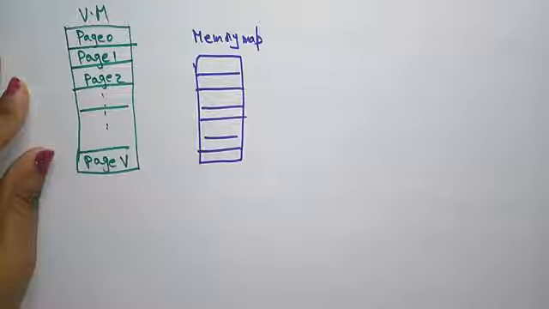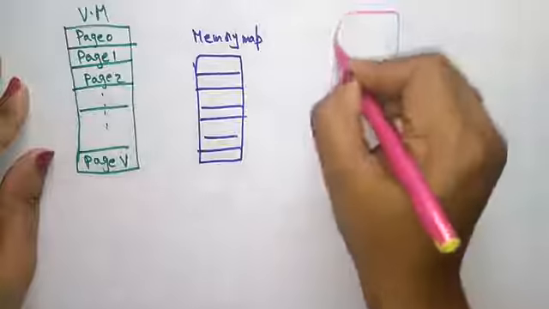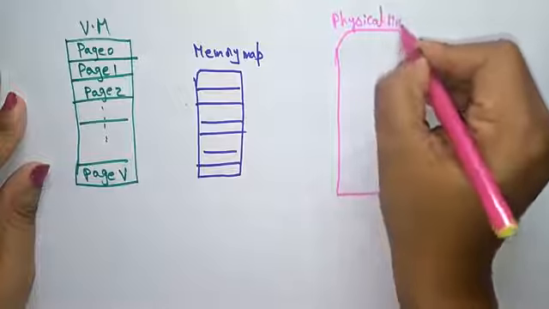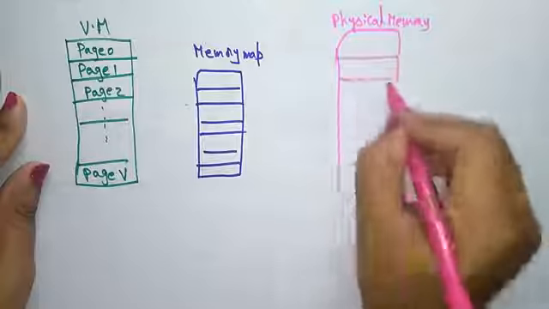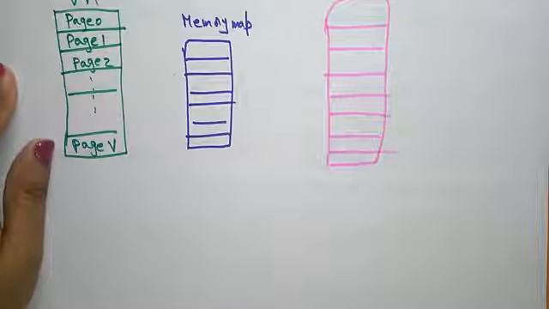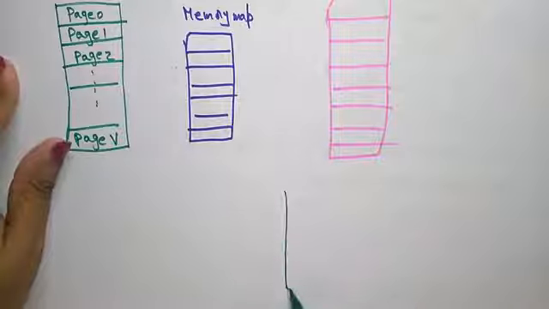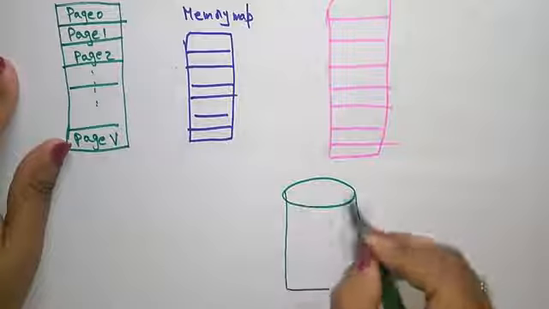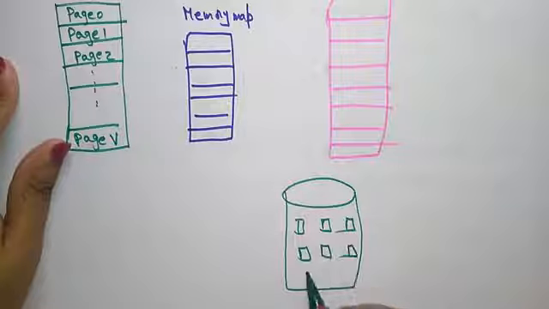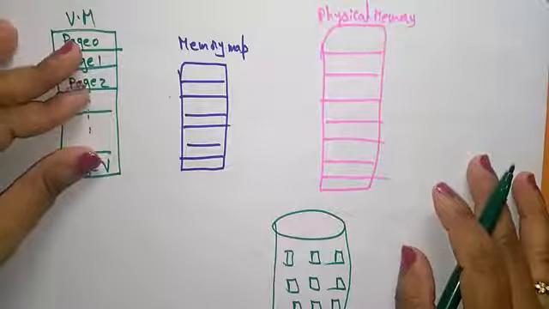Then there is the physical memory, and then a disk, which is the secondary memory. Virtual memory is just an illusion.